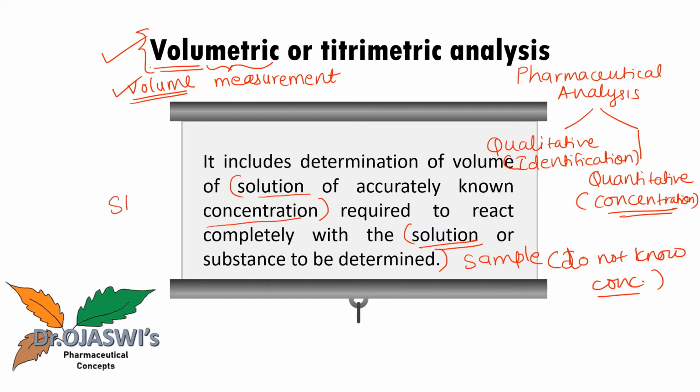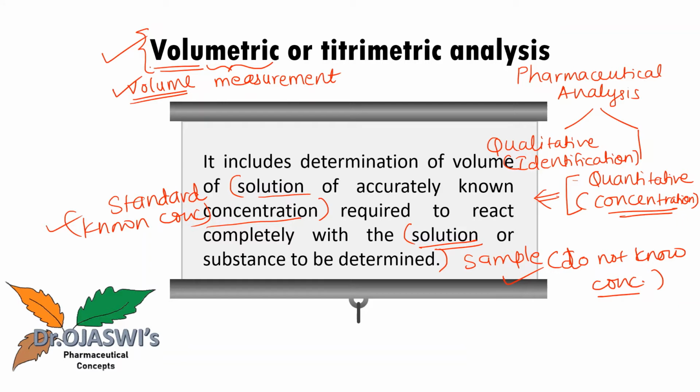I call this solution the standard. The standard solution's concentration is already known. So from the known concentration of the standard solution, we find out the unknown concentration of the sample. This is done in quantitative analysis.